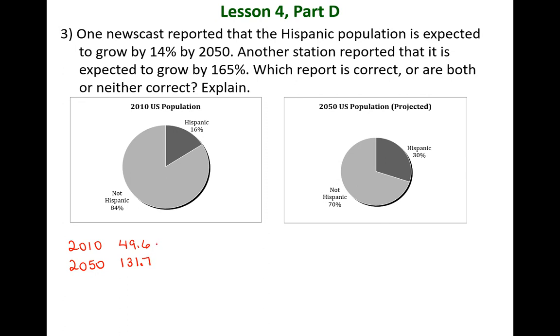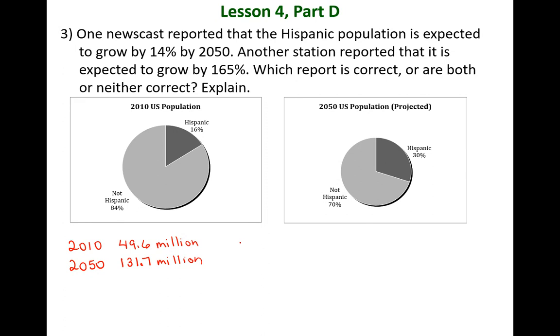Remember, those are a million people. All right. I want to talk about the correct way. We can see that the change in the two is different. It went from 16% to 30%. That is not an increase in the population of 14%.